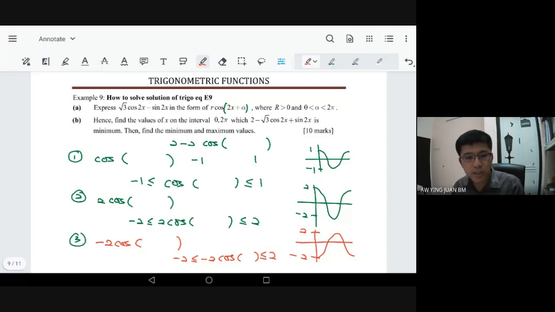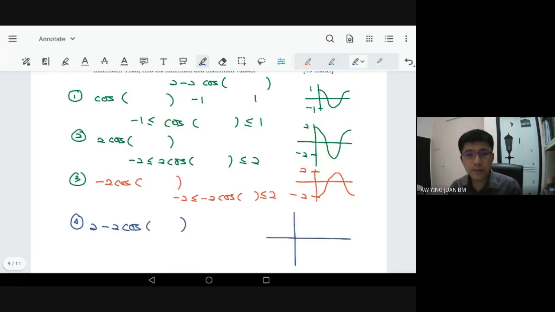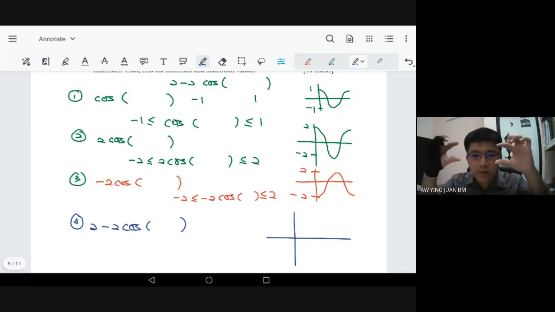So continue. Next, we have to add on the 2. So based on the situation, if we add on the 2, here we have 2 minus 2 cos bracket. So based on the graph, you add on the value 2, which means the whole graph, in red color, shifts up 2 units.